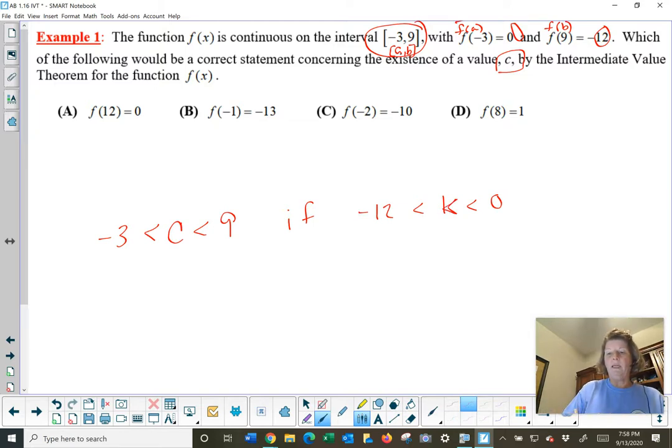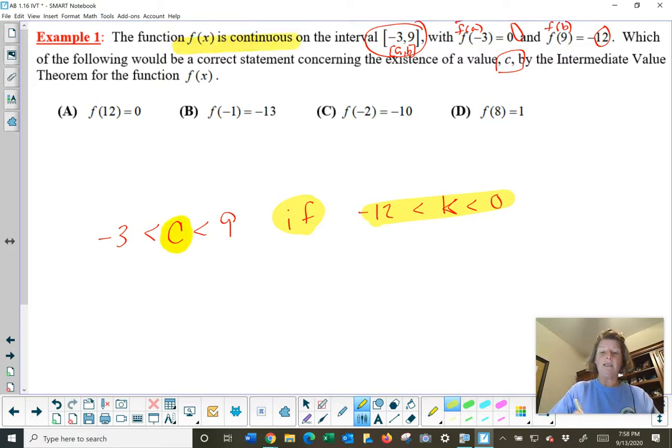What I'm looking for, I'm scanning for numbers first off that are between this, because that's the if part of the IVT. If it sits between there, and I have a continuous function, which we do, then I can be guaranteed there is a c value that lies between negative 3 and 9.